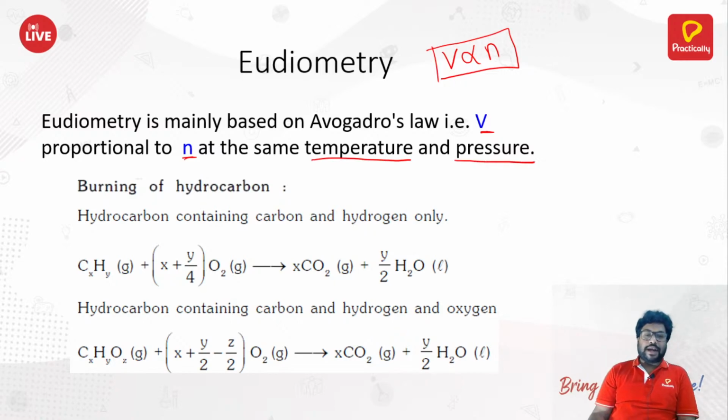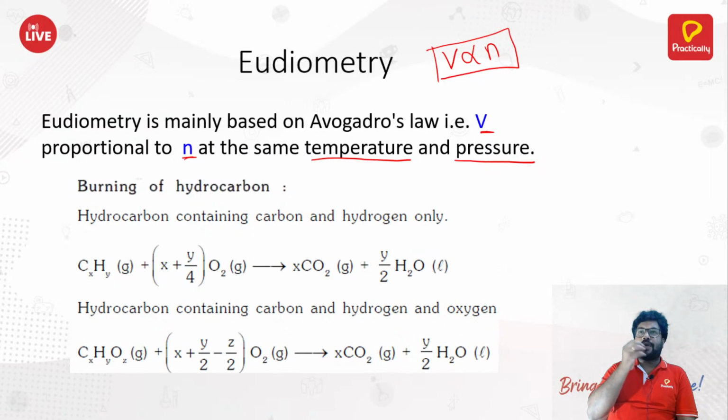That is, provided you keep the temperature and pressure constant, because if the temperature varies, the volume of gas will also vary, and that might mislead you about the number of moles of gas. For example, suppose you have 22.4 liters of the given gas at STP, standard temperature and pressure.